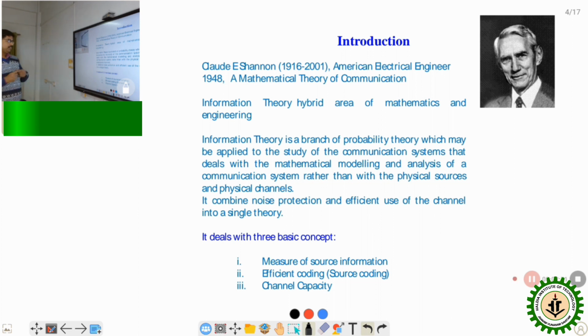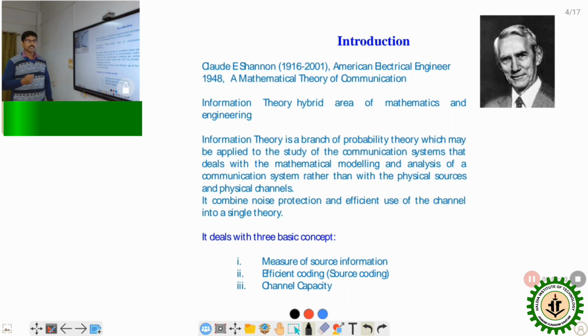Basically, this theory is used for noise protection as well as efficient use of the channel in a single theory. When we send any information through a communication channel, a lot of noise will disturb it. How we can protect that information with the help of coding techniques is very important in a digital communication system.